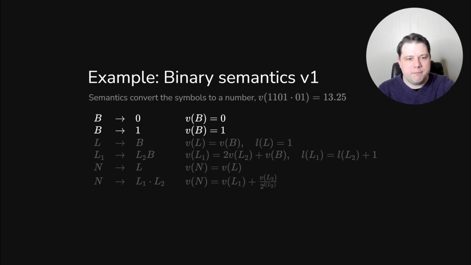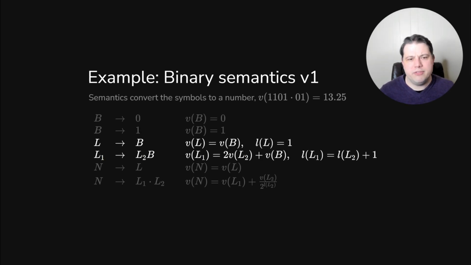But at the bottom, it says the value of 0 is going to be 0. That's the v. We're going to assign an attribute to be called v of 0 or 1 if it is 0 or 1. Simple enough. So then we have the L rule, right, which might be a binary digit, or it might be another L followed by a binary digit.